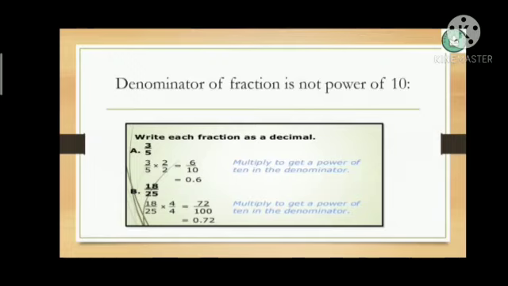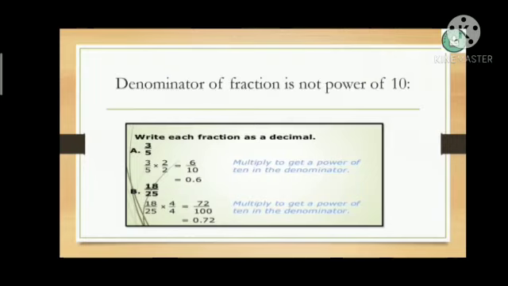Here the number is 2, so the denominator after multiplying by 2 is 10. Now we have the denominator 10, and the fraction is 6 upon 10, and the value of digit 6 is in the tenths place. So there is another way in which we can write the fraction 3 upon 5: 3 upon 5 is equal to 0.6.